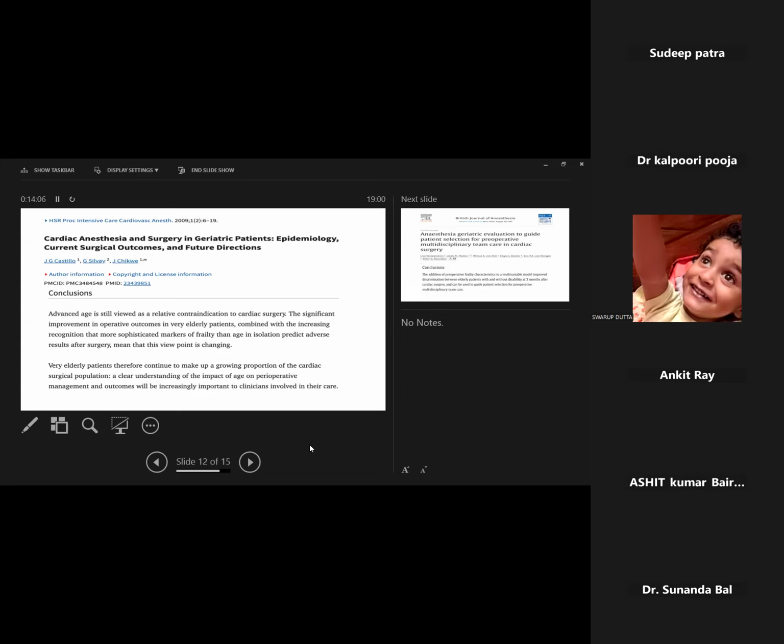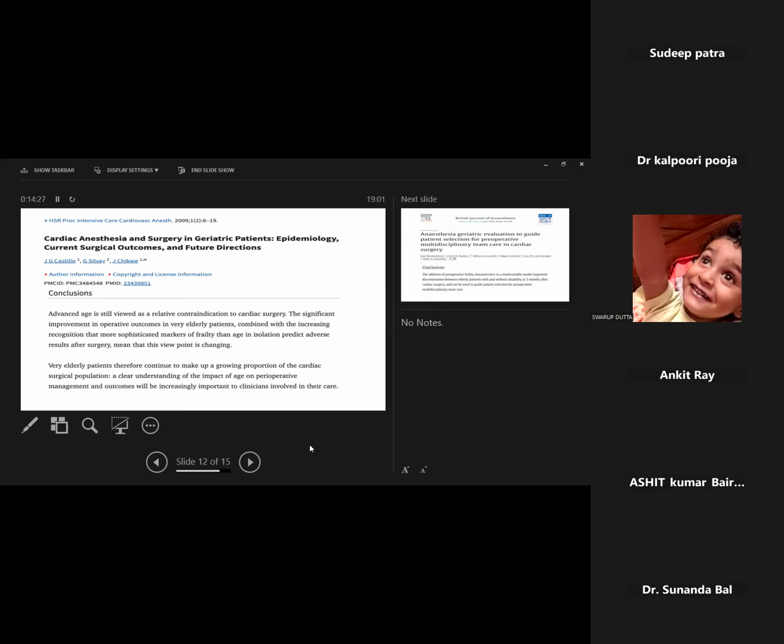And third, we have all come across patients, octogenarians, walking out of the ITU, waving goodbye, and the nurses say, are you able to understand Bengali? So we have all come across this kind of patient.